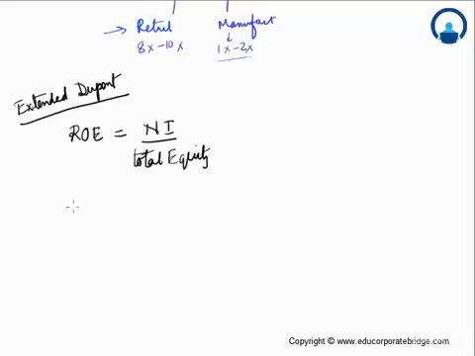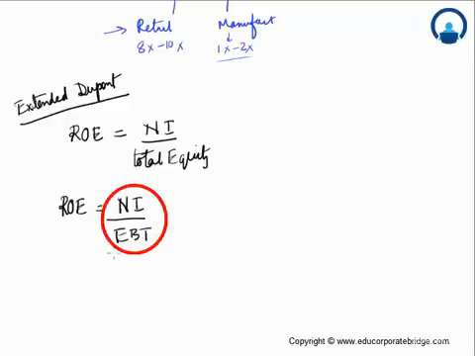So here ROE will be defined as net income divided by your EBT, earnings before taxes. So since I have included this in the denominator, I'll include the other in the numerator. So EBT divided by EBIT, earnings before interest and taxes.